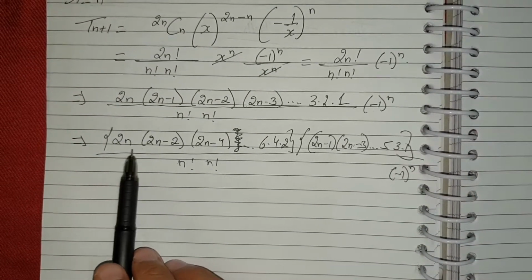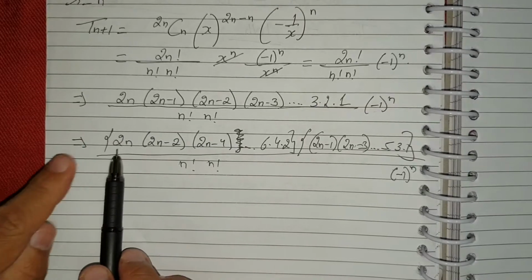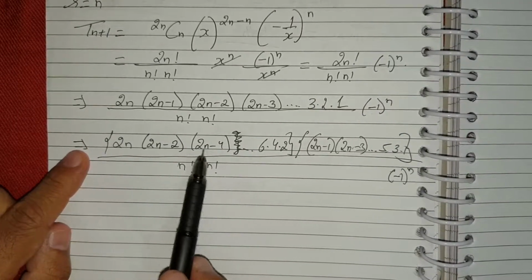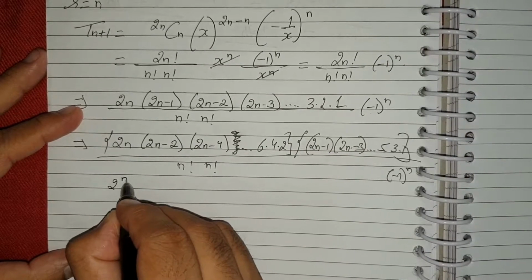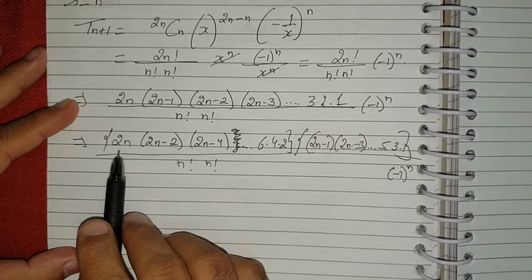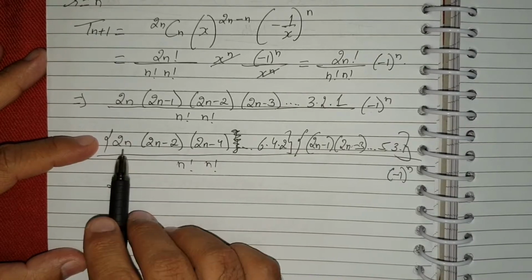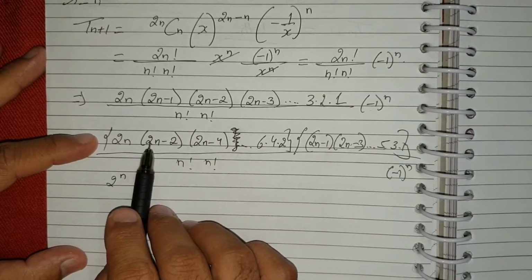Now, from here we can take 2 common. So, 2 common means 2 from here, 2 from here, 2 from here, that will be n times. So, this will be 2 to the power n. And if we take 2 to the power n common, what will this be?